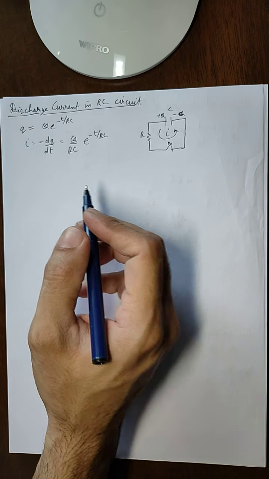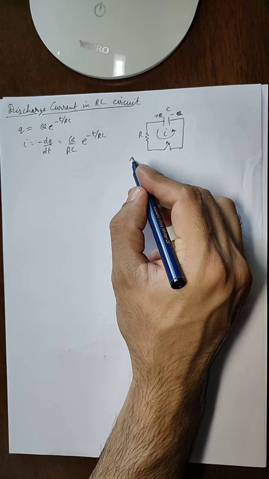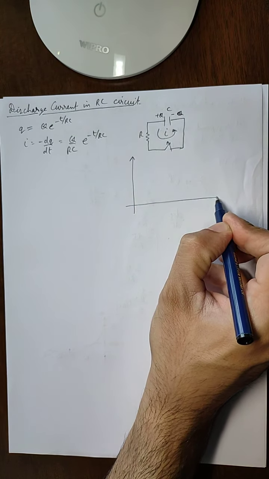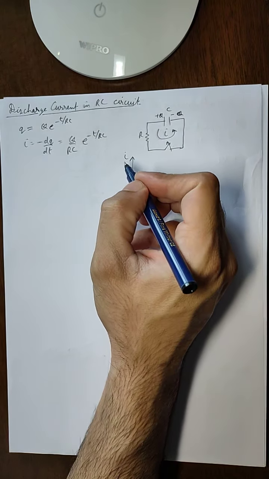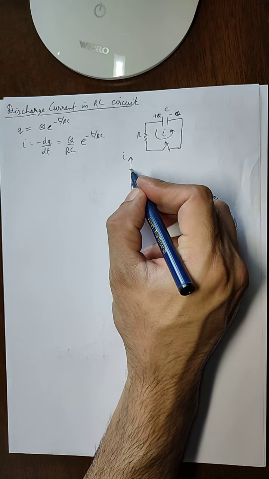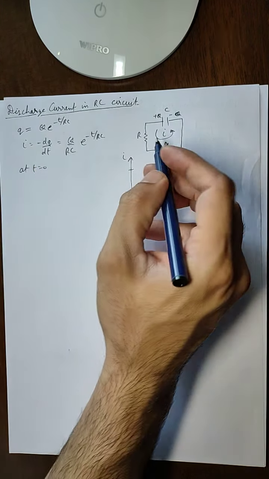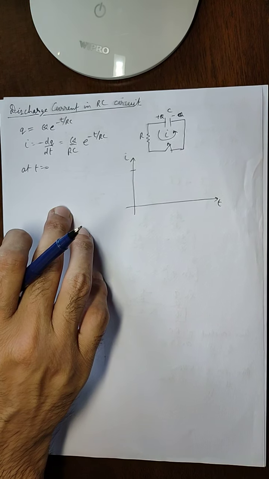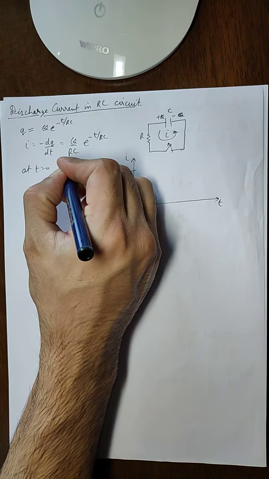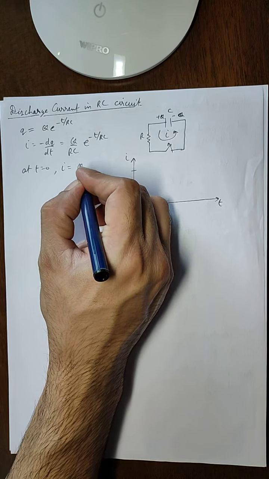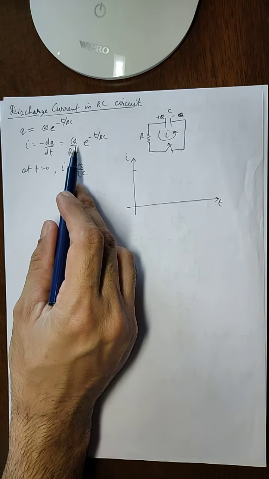Now if we plot the current versus time graph, then at t equals 0, when the switch is just closed, at this point I will be equal to Q by RC.